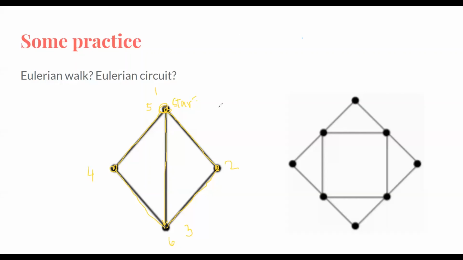But this is interesting because we just showed that an Eulerian walk does exist, and there are two vertices here of odd degree. So you can have vertices of odd degree in an Eulerian walk. Specifically, the start point and the end point of your Eulerian walk can have odd degree, but all of the other vertices still must have even degree.